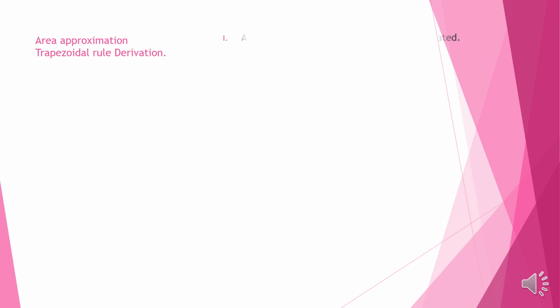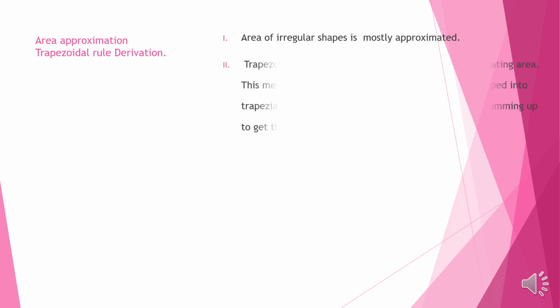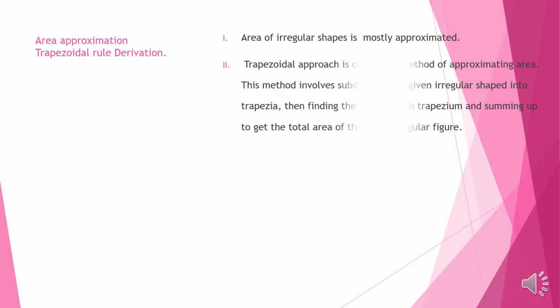Of course, we understand very well that area of irregular shape is mostly estimated. That's what we know. And there are quite a number of methods that we can actually use to estimate this area, one of them being trapezoidal rule. And that trapezoidal rule is what we want to look at in this lesson.